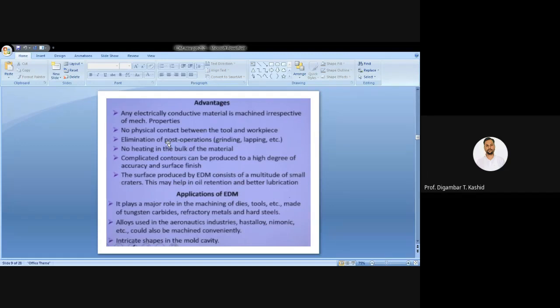Any kind of complex contour can be produced by this process because you make the tool the prototype of your workpiece shape to be machined. So you can generate the same replica in your workpiece.